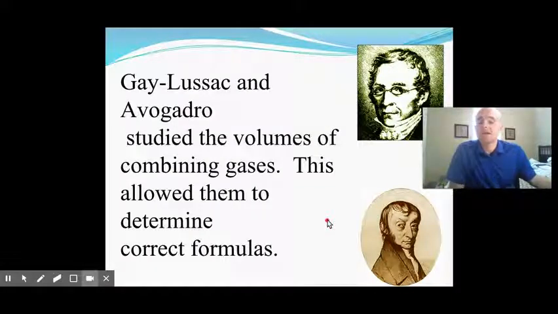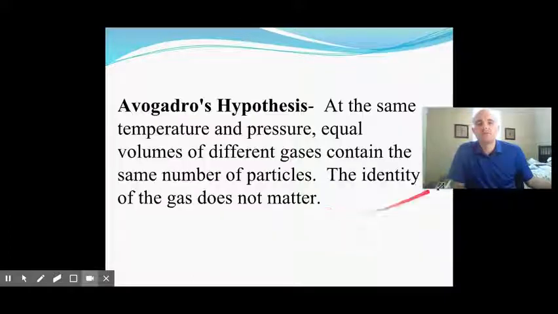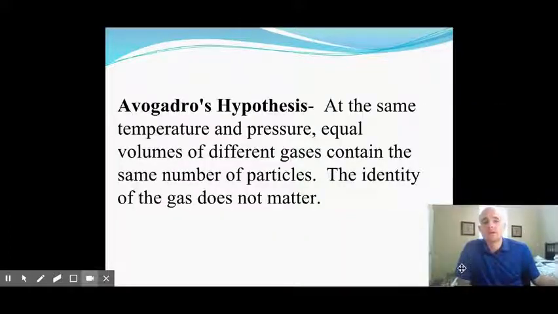So two more guys that worked with gases were Gay-Lussac and Avogadro, and everybody knows Avogadro, right? We'll be covering gases a lot more in chapter 5, so I'm going to breeze through this pretty quickly.